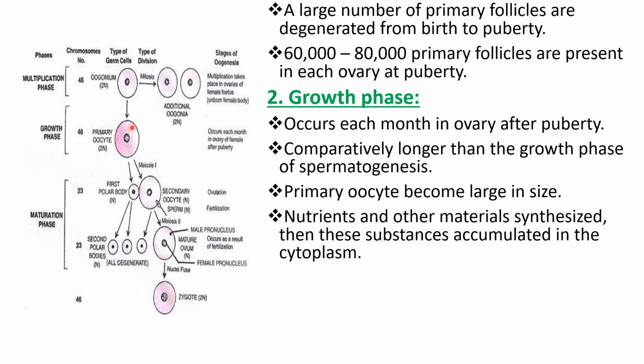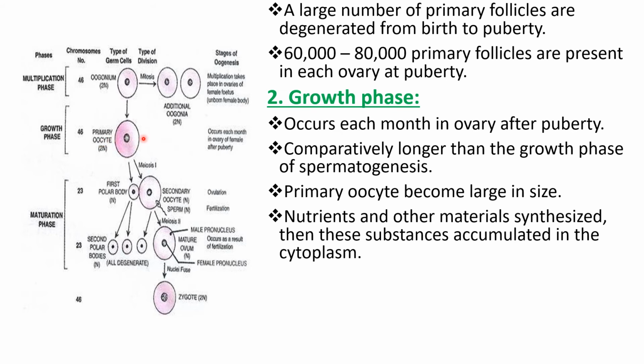What is the reason for the increase in size? The accumulation of nutrients and other synthesized materials. Some nutrients and materials are synthesized and accumulated in the cytoplasm. Due to this, the primary oocyte becomes large in size.